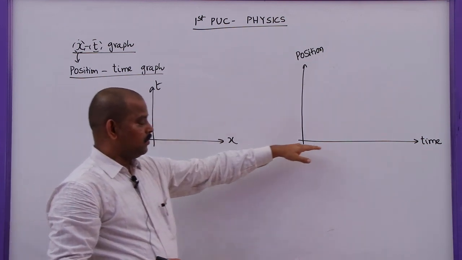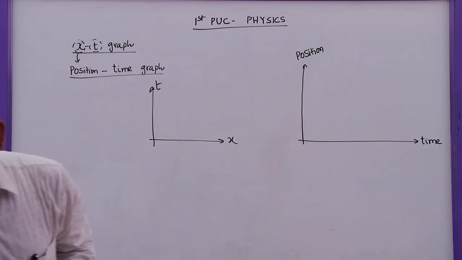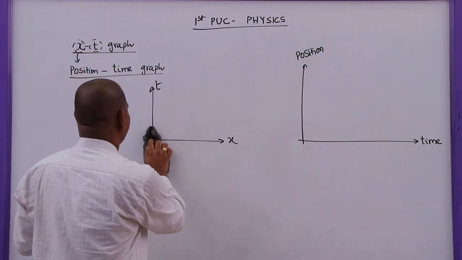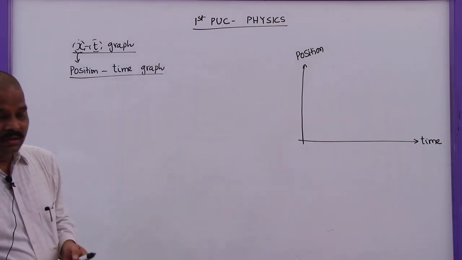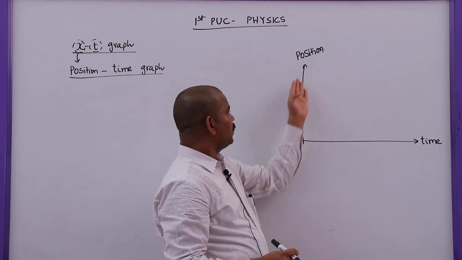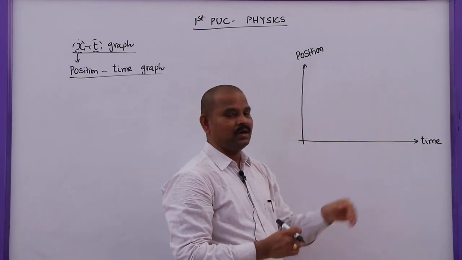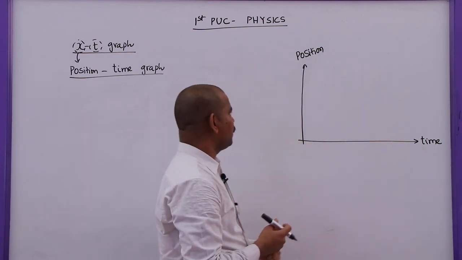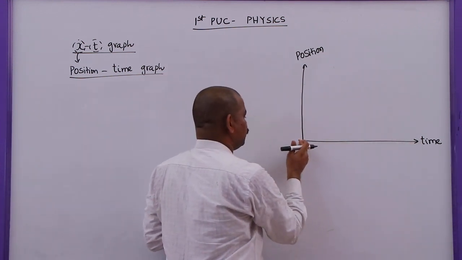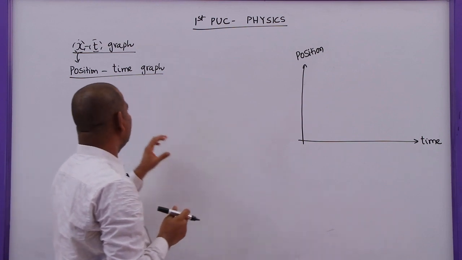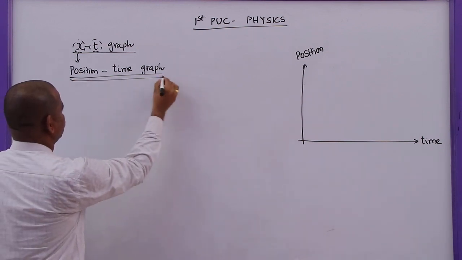In general, the continuously varying quantity is taken along y-axis, and time generally taken along x-axis. Now here time is taken along x-axis, position is taken along y-axis. That graph is called position time graph.